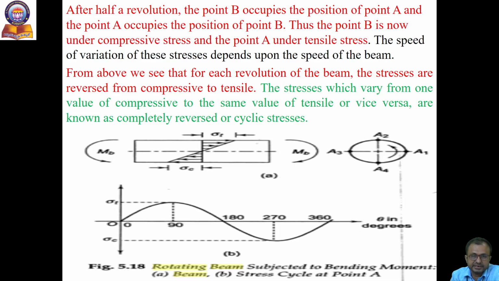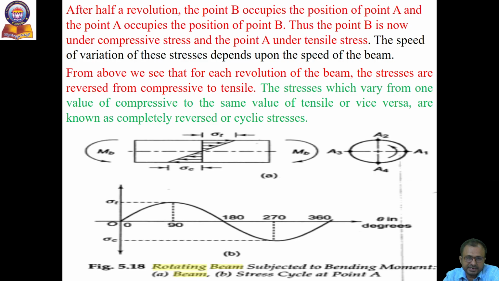From this we can understand that after half a revolution, point B reaches the position of A and point A occupies the position of B. Thus point B is now under compressive stress and point A is under tensile stress.